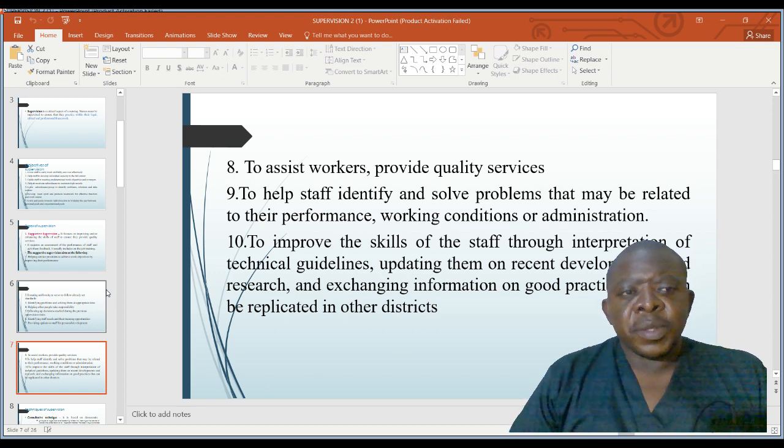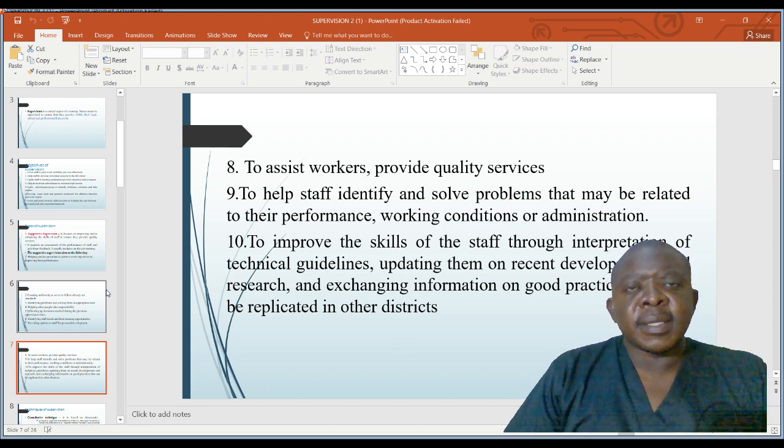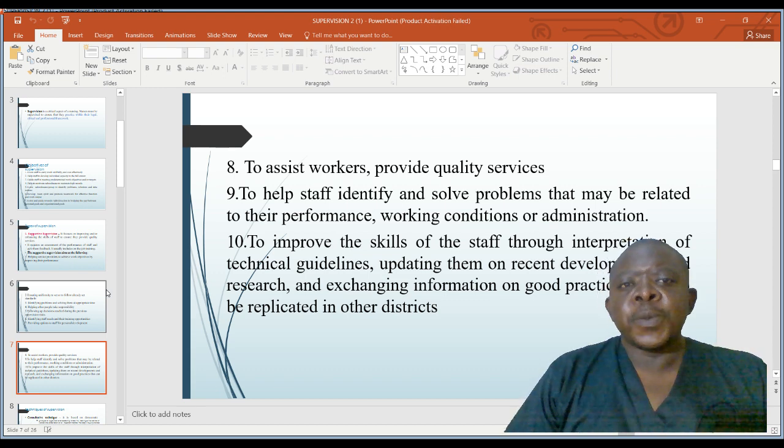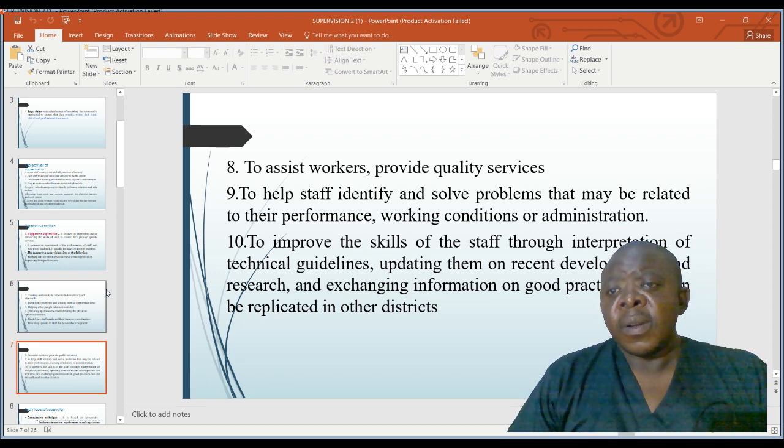The eighth reason for the importance of supportive supervision is that it helps in assisting workers provide quality services. Also, it helps staff to identify and solve problems that may be related to their performance, working conditions, or administration.